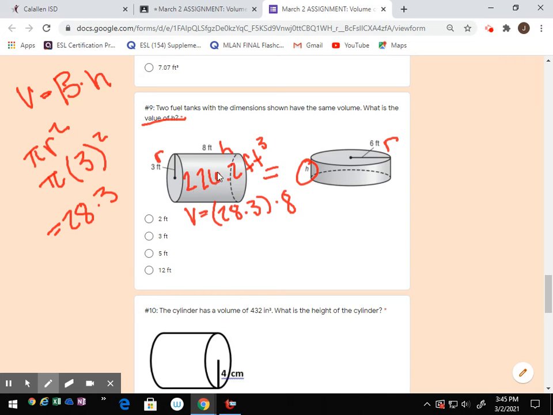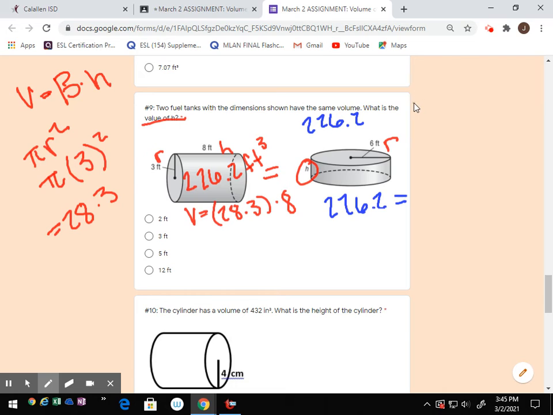We know that if this volume is 226.2, the volume for this one is also 226.2. So if we plug this into our formula, the volume is 226.2, which is equal to big B times H. We don't know big B yet, so let's find it.